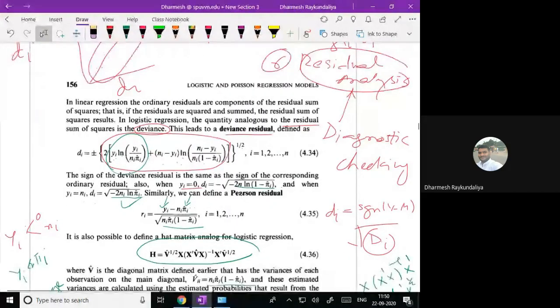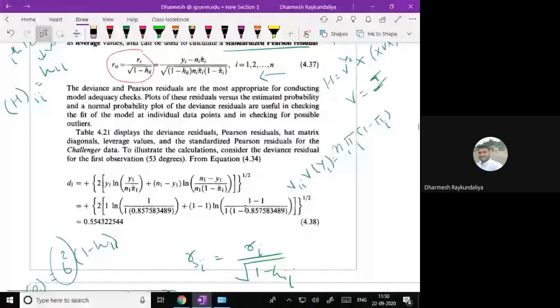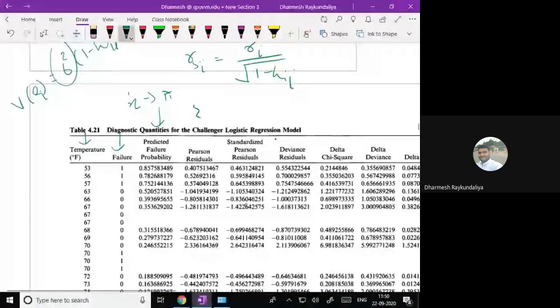In the Challenger data, ni is equal to 1 because it was ungrouped data. Then the standardized Pearson is ri upon square root of 1 minus hii. How will you calculate hii? You have the H matrix, so you take the diagonal, which gives the leverage value. You have already calculated the deviance.